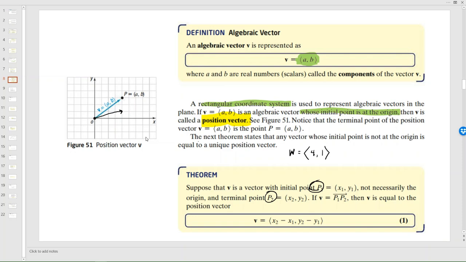We can move that into the position vector. Position vector starts at the origin, and it's capable of being represented in algebraic form. All we have to do is take the terminal point x2 minus x1 and y2 minus y1, and those will give us the two coordinates that represent the very same vector as a position vector in algebraic form.